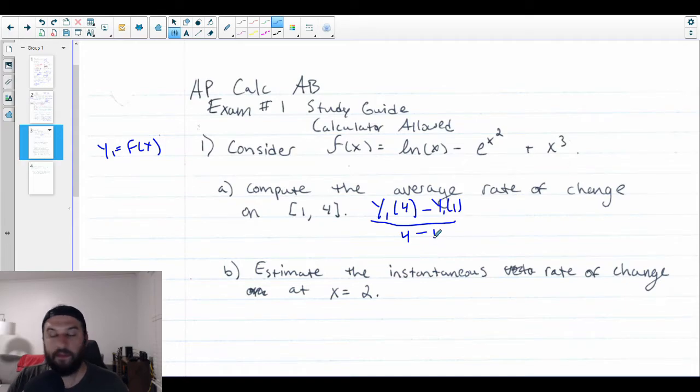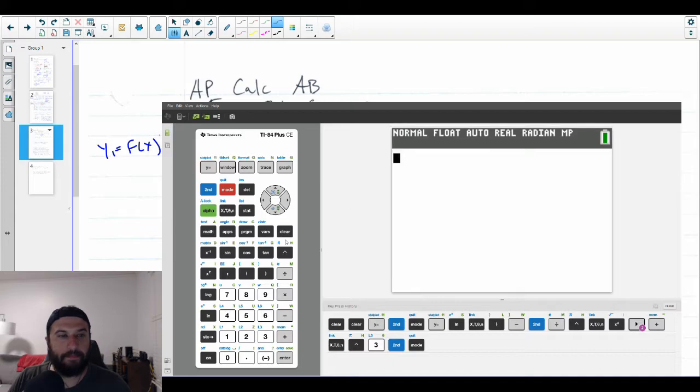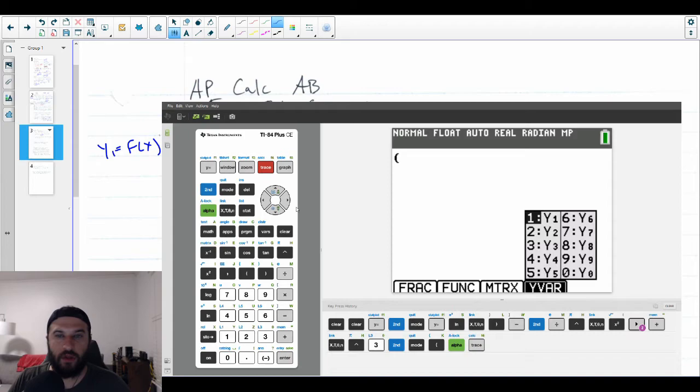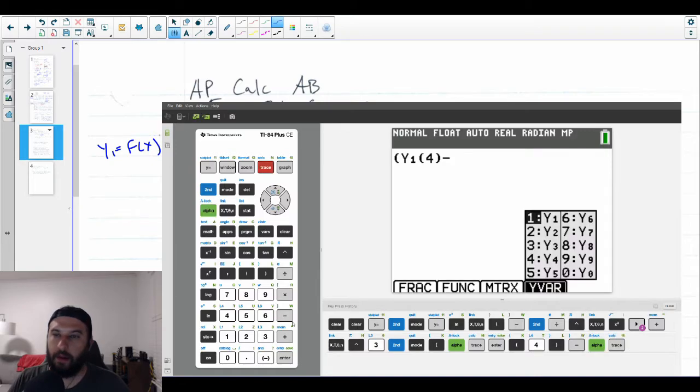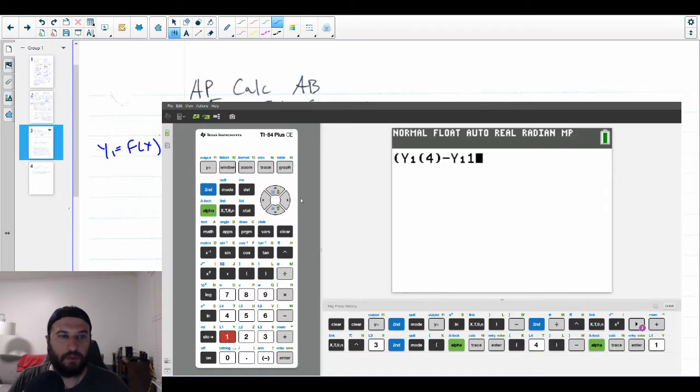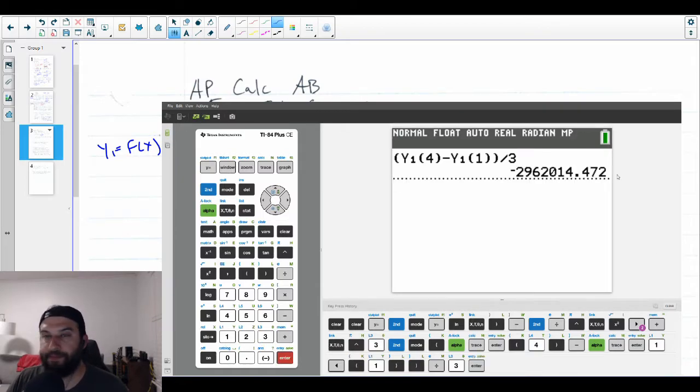Let the TI-84 do the work for us. Parentheses, alpha trace y1 of 4 minus alpha trace y1 of 1, divided by 4 minus 1, which is 3. Gives you a pretty gross number. That's fine. Nothing wrong with gross numbers. So let's write that down.